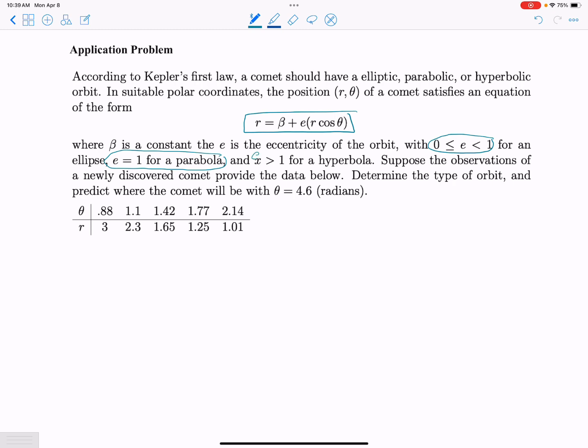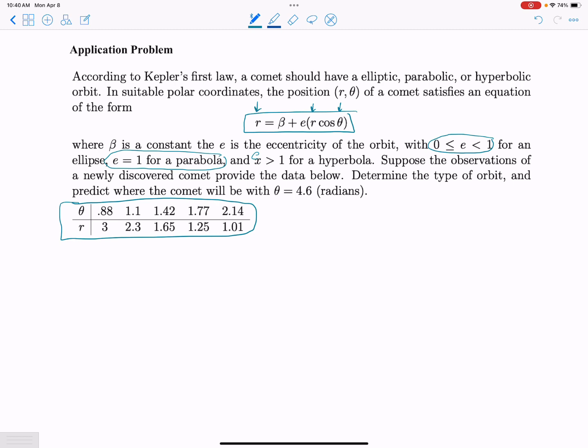Suppose the observations are given in this table, and I want to determine what type of orbit it is. Ultimately, I am given data for r and theta. The beta and the e both have exponents of 1, so they are considered linear. So we're going to solve this with linear equations.